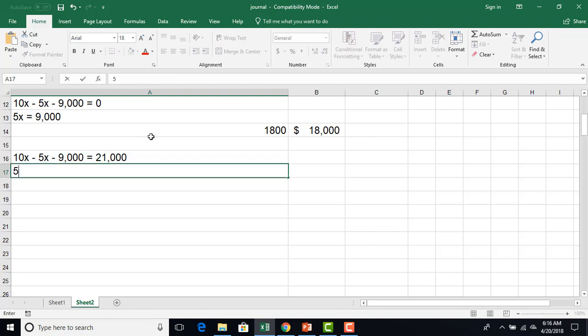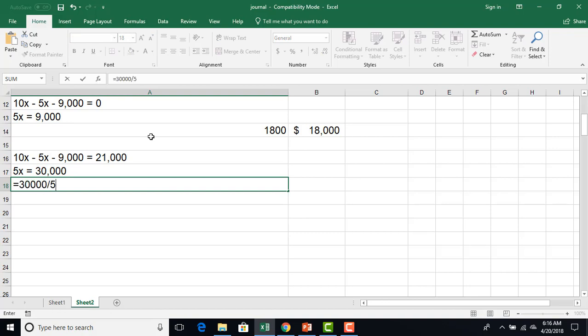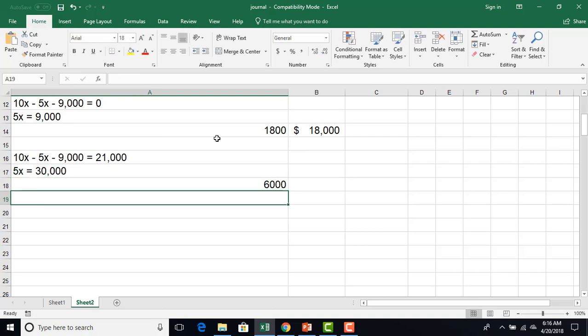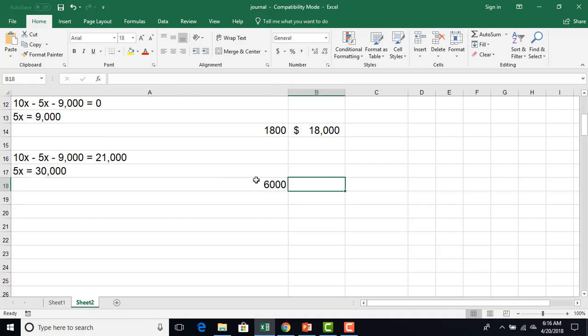All right, I'll combine my x's. I have 5x. I'll add 9,000 to each side, so I have 5x equals 30,000. 30,000 divided by 5, I'm left with 6,000 units to be able to get to that income of $21,000. Now all I want to know is if I'm selling 6,000 units, how much is that in dollars?